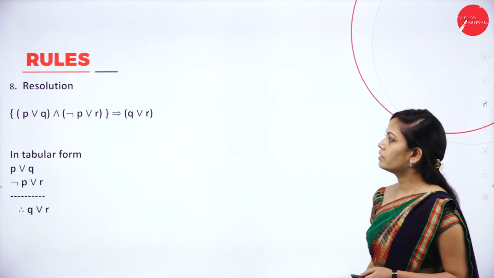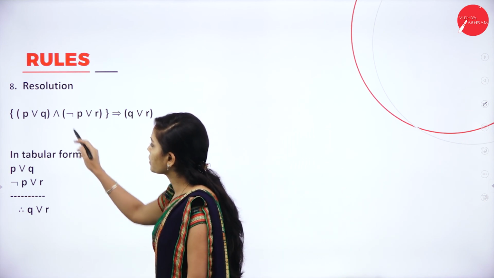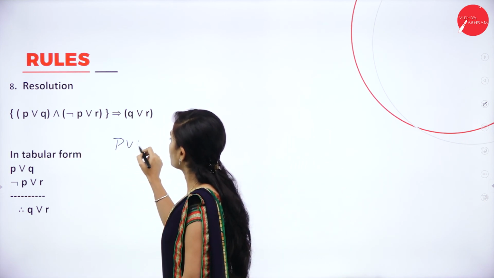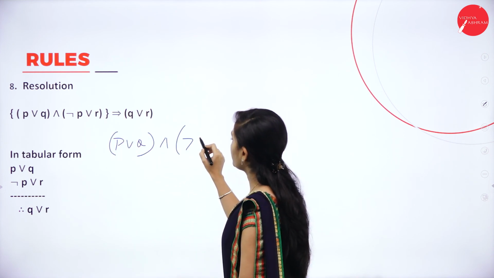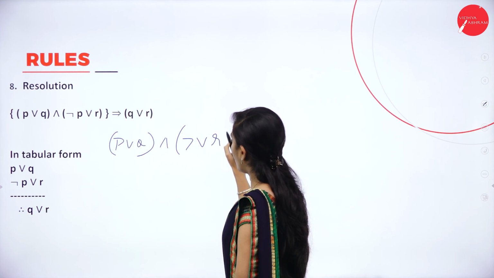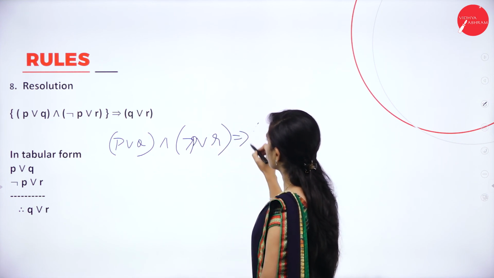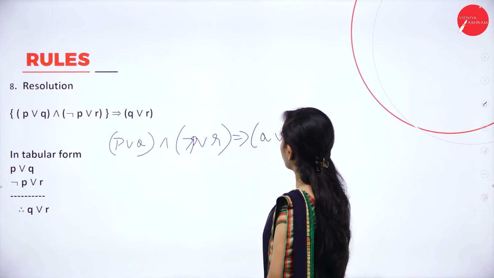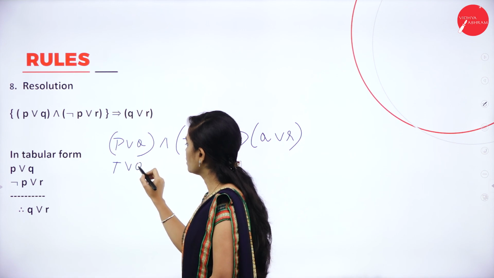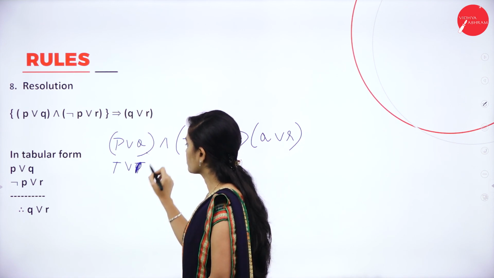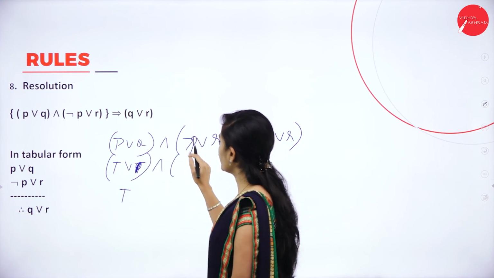And the last one we have resolution. So, this rule states that P or Q is true and negation P or R implies Q or R. If statement P or Q is true, true or true means it is true, and negation P means what?